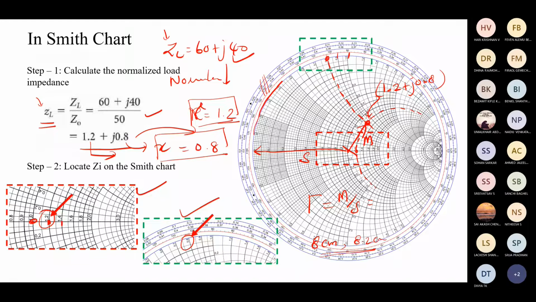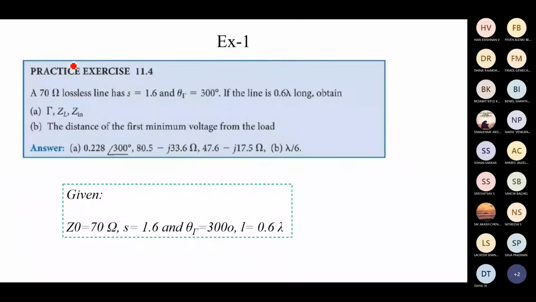Let us take another example. Here we have a 70 ohm lossless line. What is the meaning of that? A 70 ohm line means the line has a characteristic impedance of 70, and it is a lossless line, so alpha equals 0. Most probably 90 percent, 99 percent or even 100 percent sure, you will always get transmission lines as lossless lines.